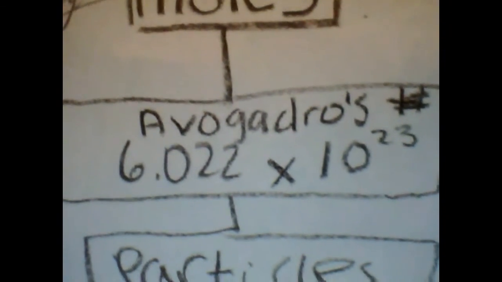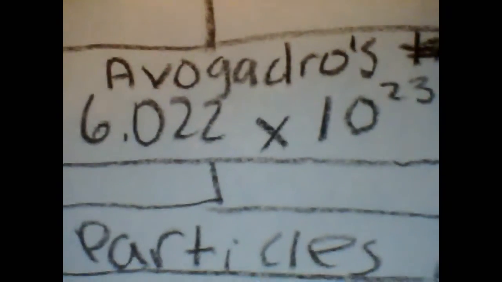When you put Avogadro's number on your roadmap, make sure you include 6.022 times 10 to the 23rd, as so. Connect Avogadro's number to particles. Particles are units or atoms that you have to look for in your problems.